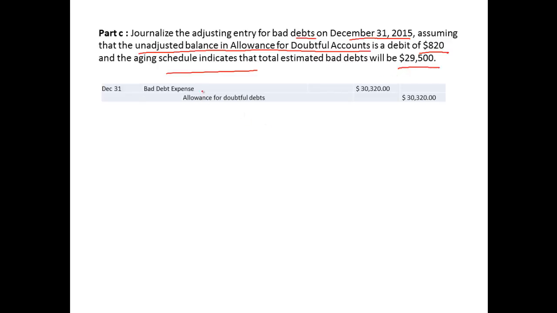So, we will be debiting the bad debt expense with the total estimated bad debt expense of $29,500 and the debit balance of allowance for doubtful accounts of $820. So, we will get $30,320.